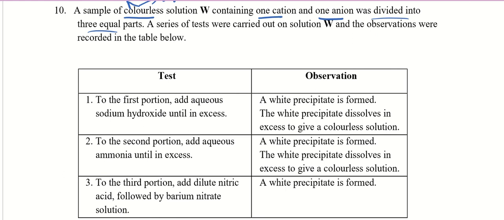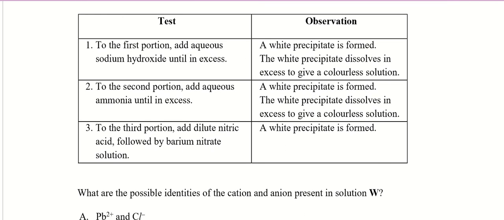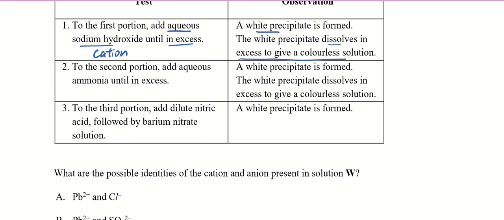So a series of tests was done and we get the following observations. To the first portion, add aqueous sodium hydroxide until excess. Now when we see sodium hydroxide added until excess, we know that we are testing for cation. We get a white precipitate, and the precipitate dissolves in excess sodium hydroxide to give a colorless solution.